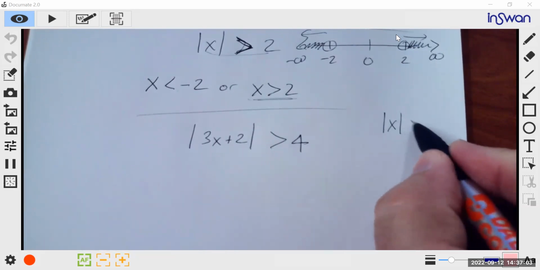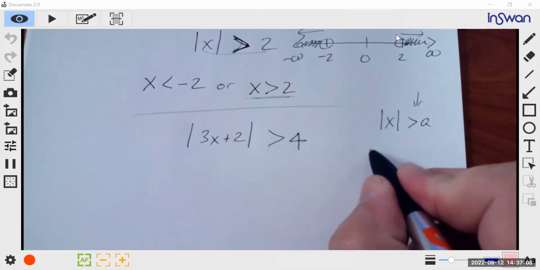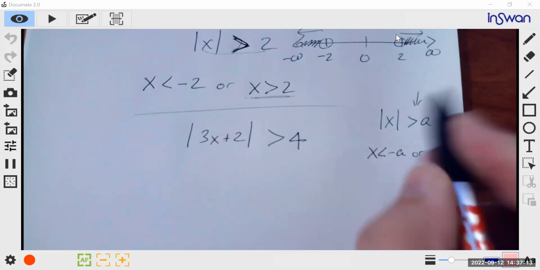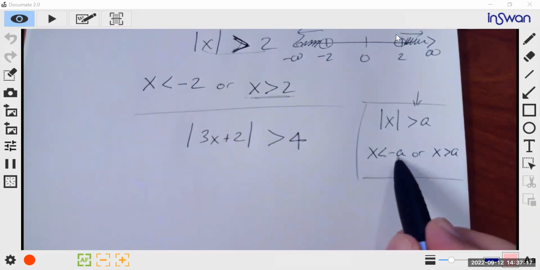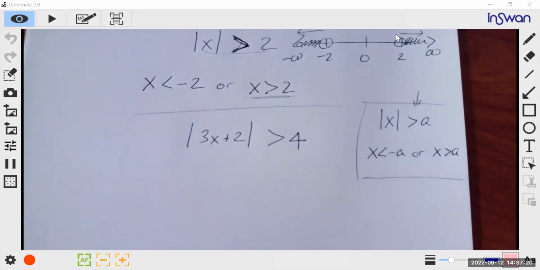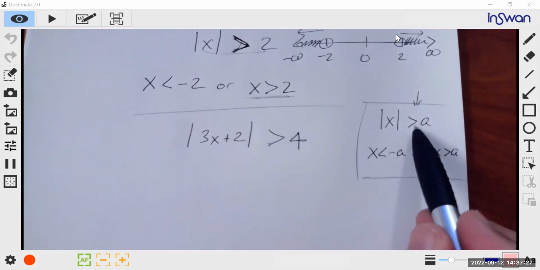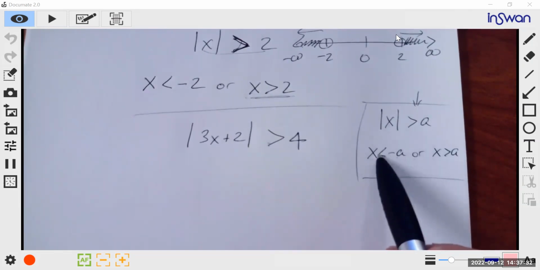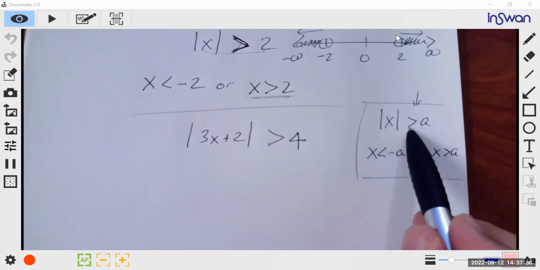Because it's greater than, I know I have to use this formula: x is less than negative a, or x is greater than a. Because it's a greater than symbol, the formula says when you drop the absolute values, x has to be less than the negative of the answer, or x has to be greater than the answer.